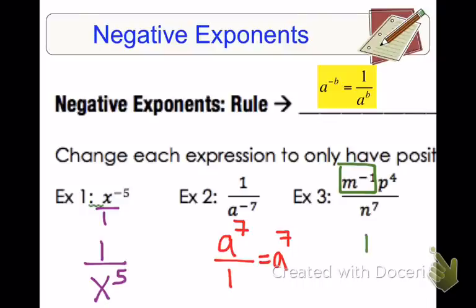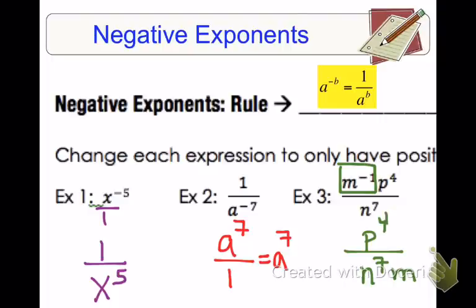So I'm going to keep the p to the 4th power on the top, and I'm going to keep the n to the 7th on the bottom. I am going to take my m variable, and I'm going to move it to the denominator. It doesn't matter which side you put it on, the left or right of the n. As long as it ends up in the bottom, you're allowed to make it into a positive 1. You can leave it with the 1 or without the 1. It's the same thing. Without the 1 is a better answer.